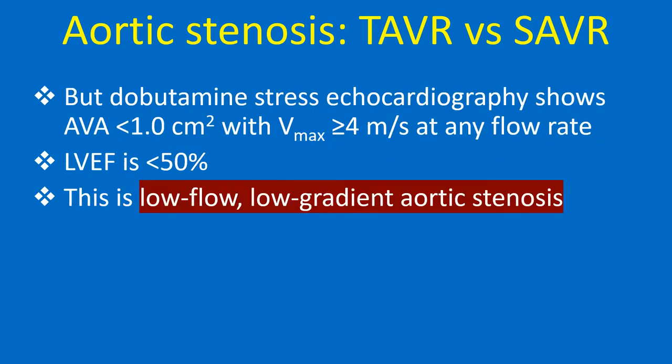But dobutamine stress echocardiography shows aortic valve area less than 1 square centimeter with Vmax more than or equal to 4 meter per second at any flow rate. LVEF is less than 50%. This is low flow, low gradient aortic stenosis.